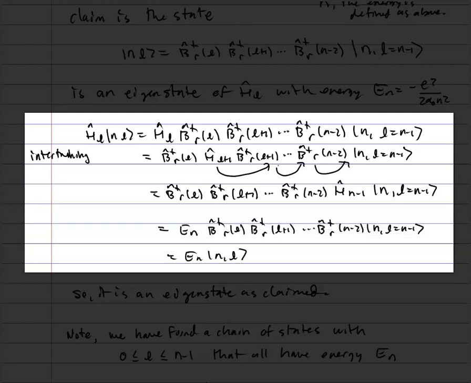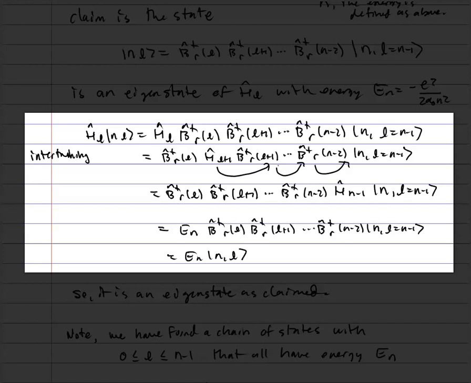But the state |n, L = n-1> is an eigenstate of H_{n-1}. Remember, n-1 is the angular momentum. And the eigenvalue is just given by -e^2/(2a0) times 1/n^2, what we call E_n. So I can pull that E_n out because it's a number, and we've just established that H_L acting on the state |n, L> is equal to E_n times the state |n, L>.